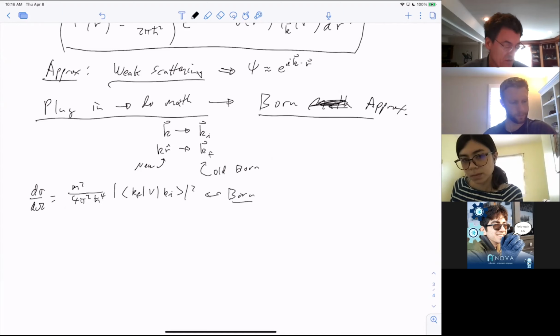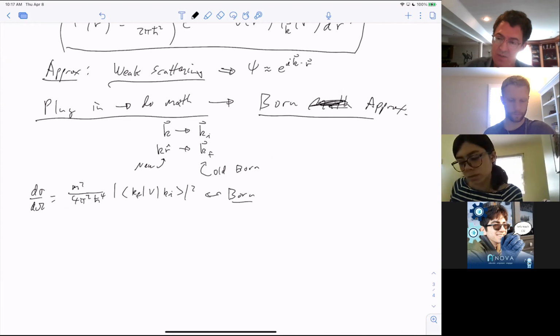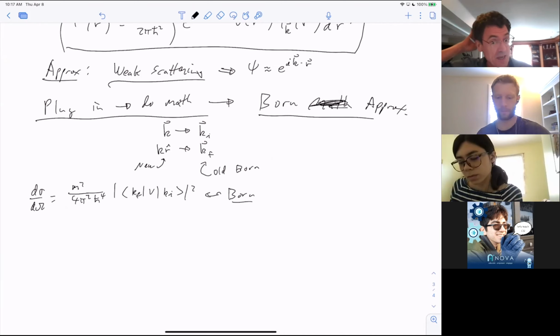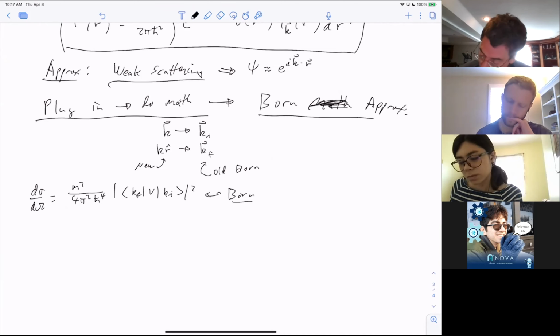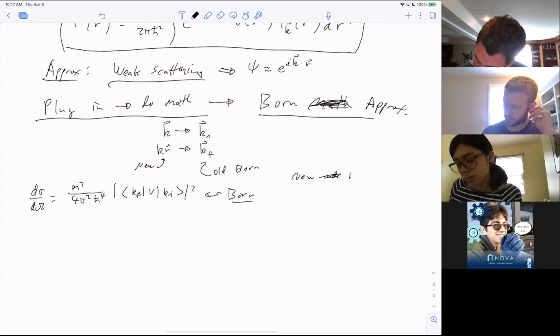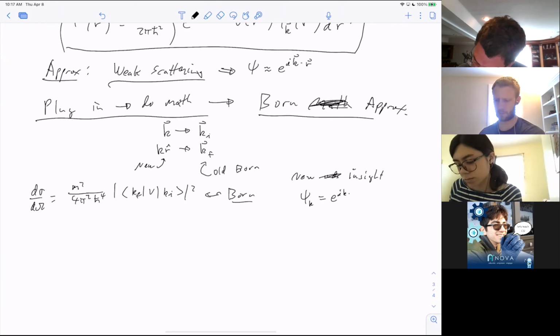And so you might say to yourself, well, okay, that's nice, but we wanted to go beyond the Born approximation. So first, I just want to say that even though we get the same answer as the Born approximation after doing all this fancy math, we still have some new insights, because the new insight that we got is that we now understand the form of the wave function is this incident wave plus the scattered wave.